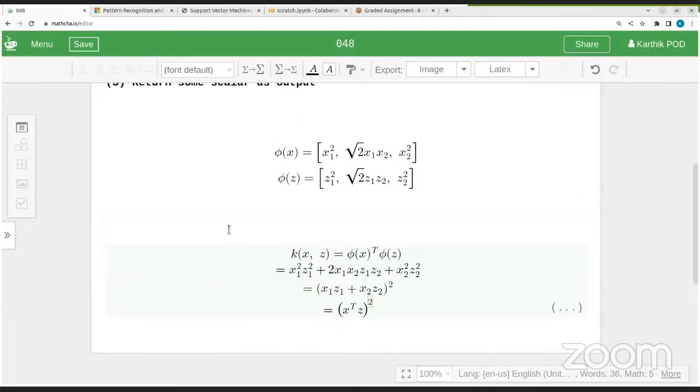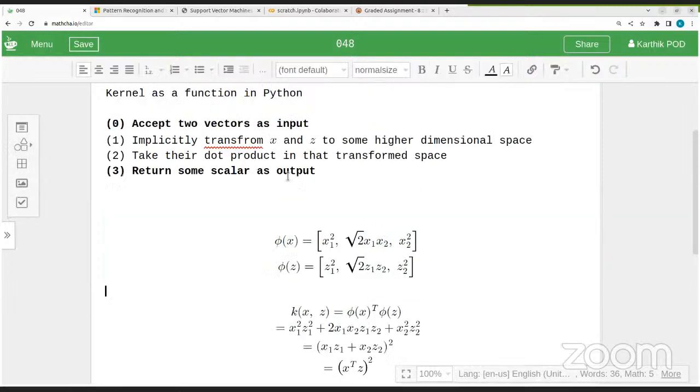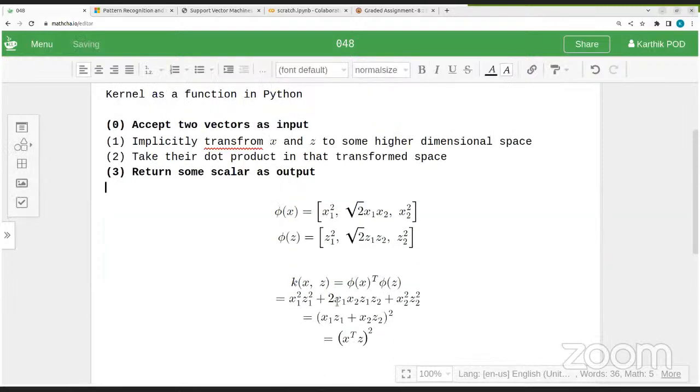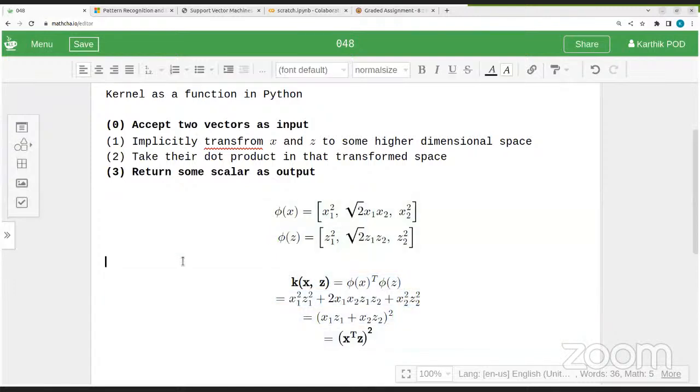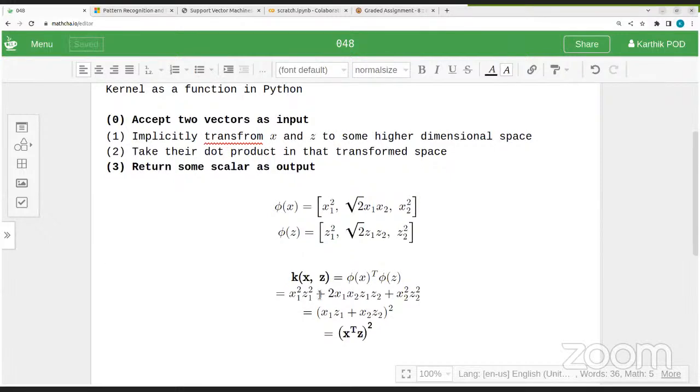So this is what I'm going to do. Accept 2 vectors as input. This will be step 0. Return some scalar as output. This will be step 3. Steps 1 and 2 are what I have done here. Okay, so this is what a kernel is basically.